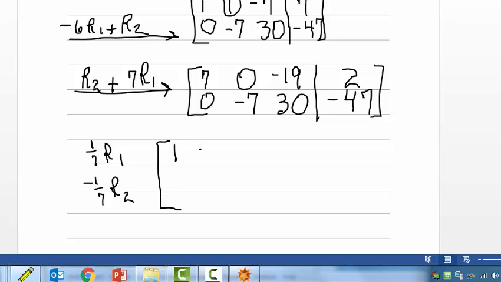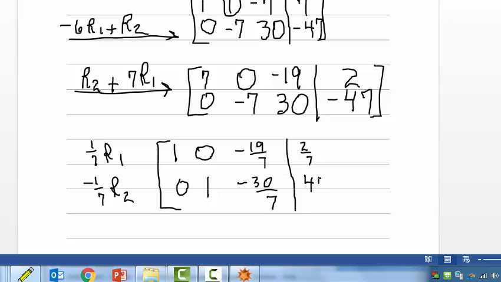So I get 1, 0, negative 19 over 7, 2 over 7 as my new row 1. 0, 1, negative 30 over 7, 47 over 7 as my new row 2, and this is actually my reduced echelon form.